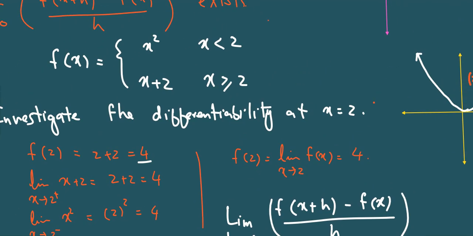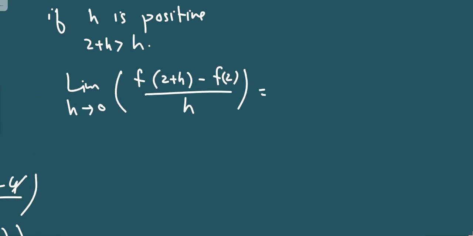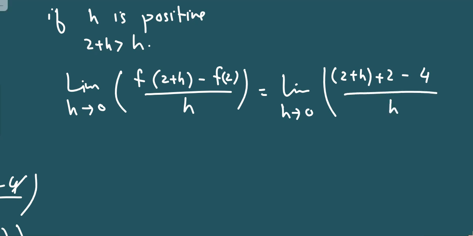So it will become limit h tends to 0, f of 2 plus h will become 2 plus h plus 2. Is it clear how I wrote that? By the definition of the function. Minus f of 2 is 4, obviously we already calculated that, over h. Any confusion?